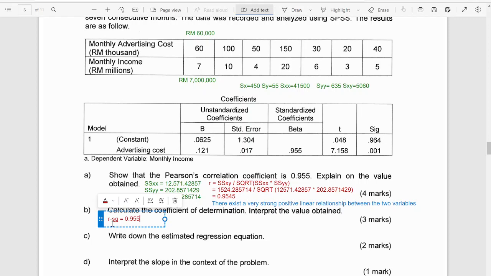0.955, right? And then you square this value. So kuasa 2 kan, ataupun kali dengan diri sendiri lah. So you kuasa 2 kan, you get 0.955 square. So you get 0.912, 3 digit. Okay, kita ambil 3 digit.